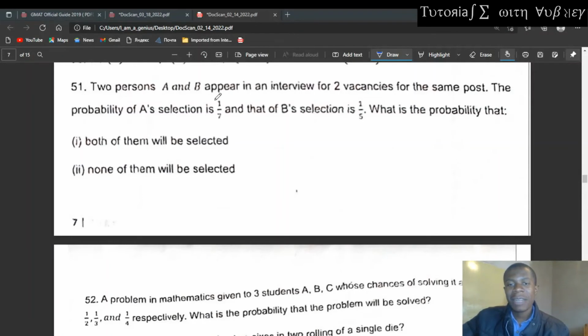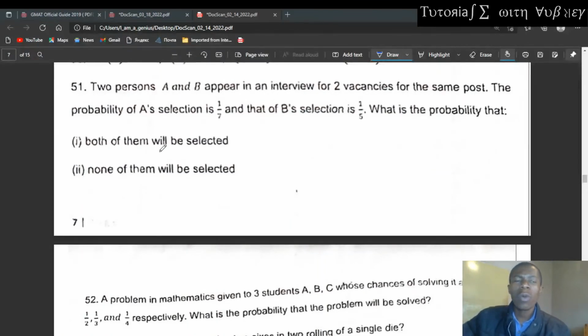Two persons A and B appear in an interview for 2 vacancies, right? There are 2 vacancies for the same post. The possibility of A's selection is 1/7, and the possibility of B's selection is 1/5. What is the probability both of them will be selected? Okay? Remember the vocabulary we talked about?